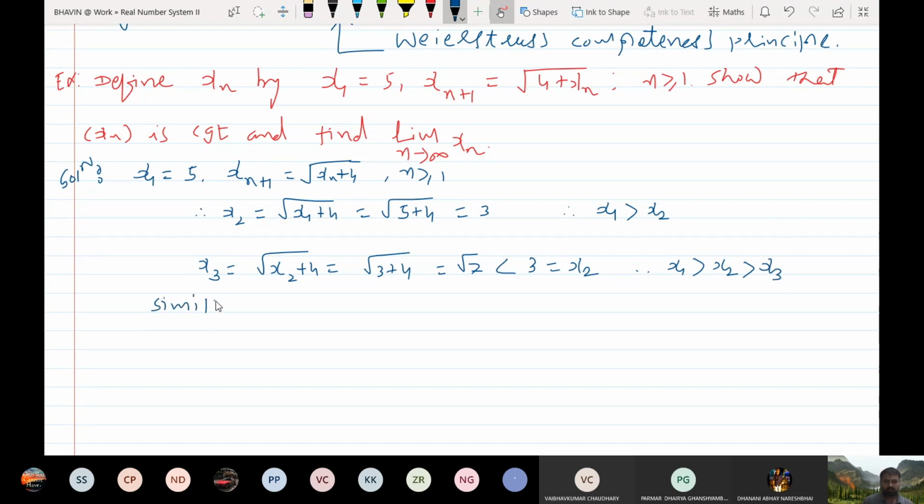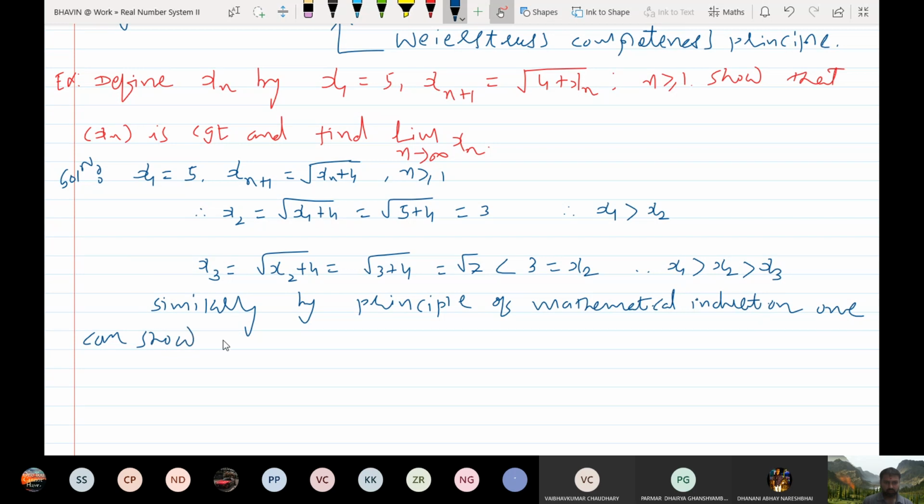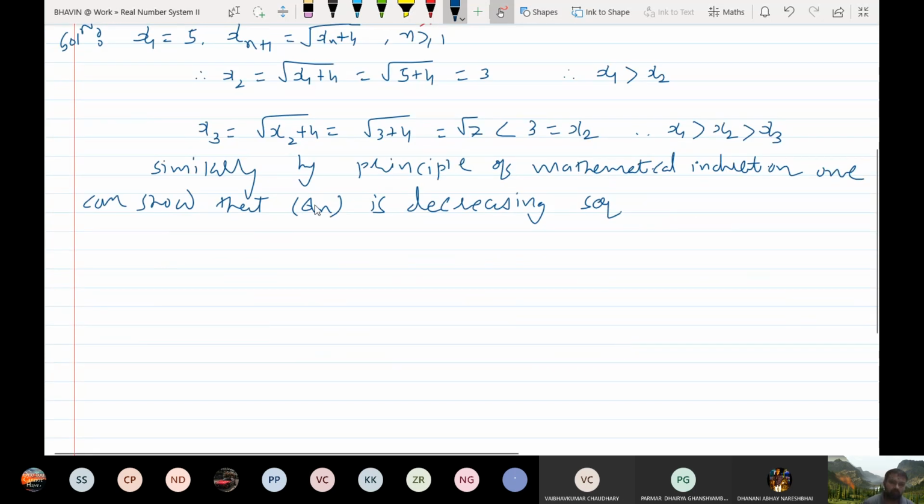Similarly in general, by the principle of mathematical induction, one can show that xn is a decreasing sequence.